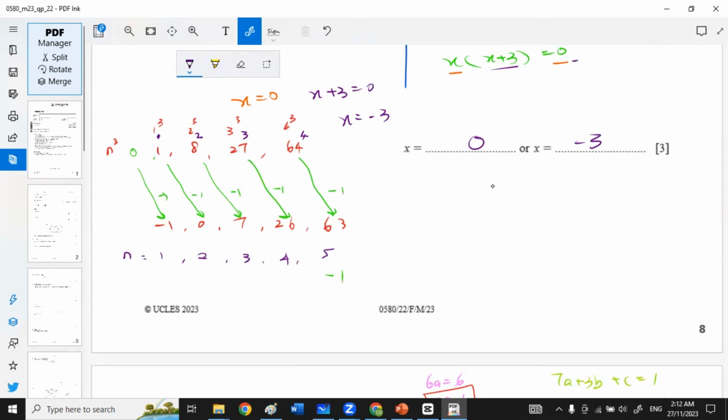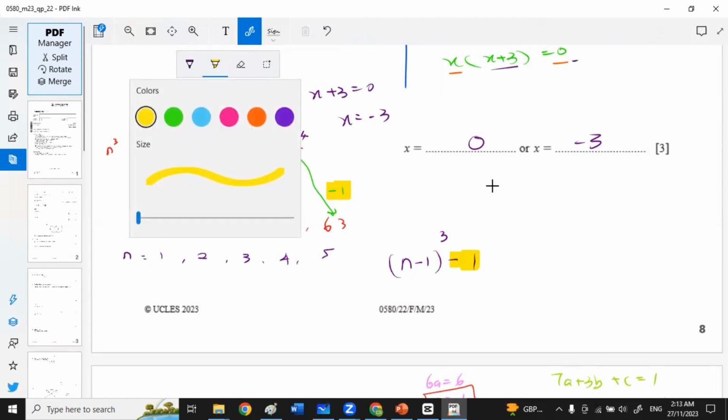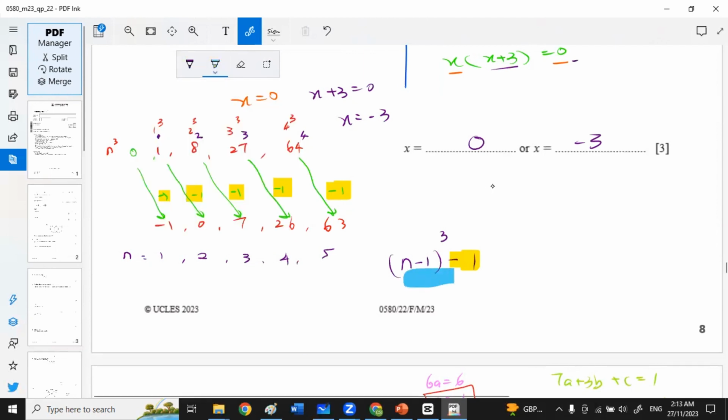Okay. So for 2, you need to use a 1. For 3, you need to use a 2. So from here, we take n minus 1 cube minus 1. This minus 1 is from here. And n minus 1 basically is, you look at here, this is 2, this is 1.